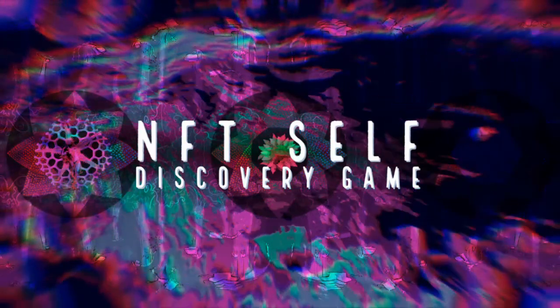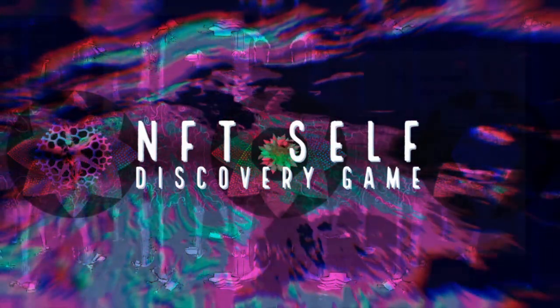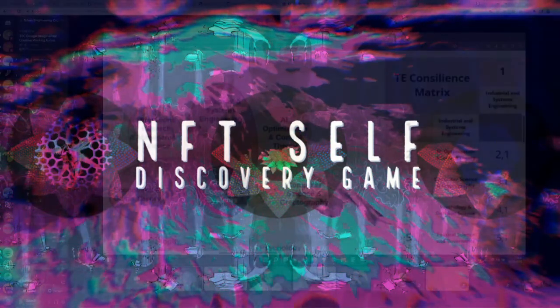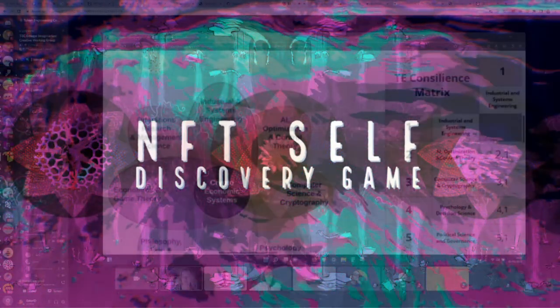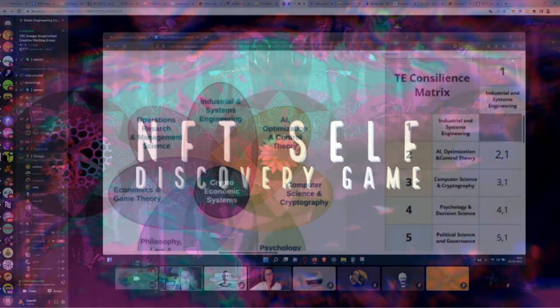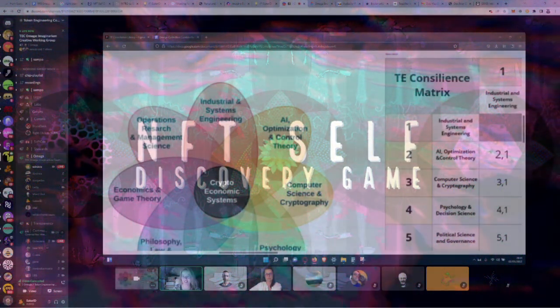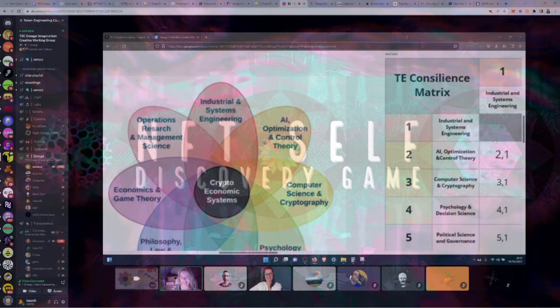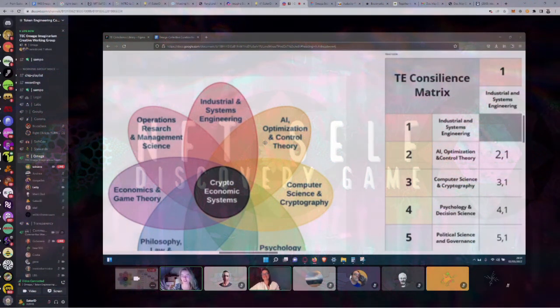Some people, even on the more AI side, say token engineers shouldn't even start, we're going to train algorithms, because that's the only way.